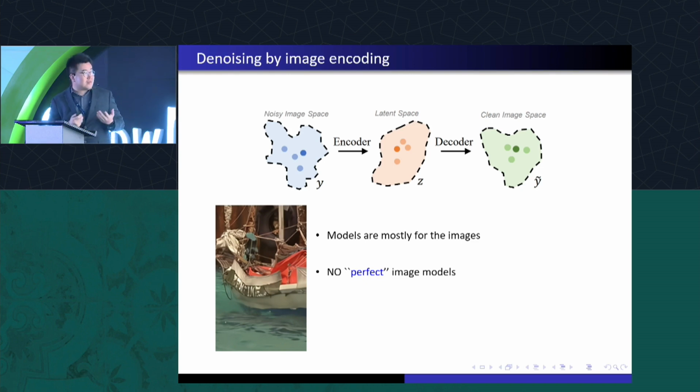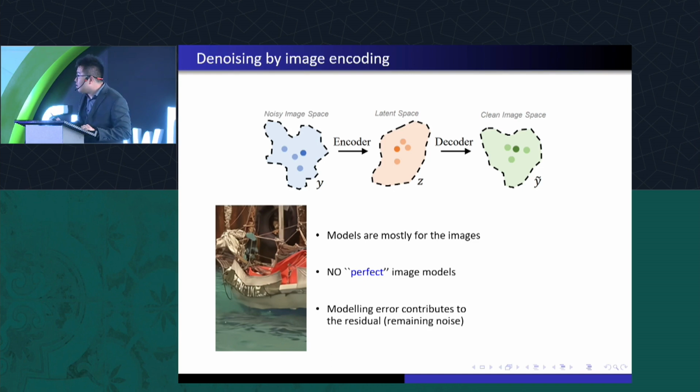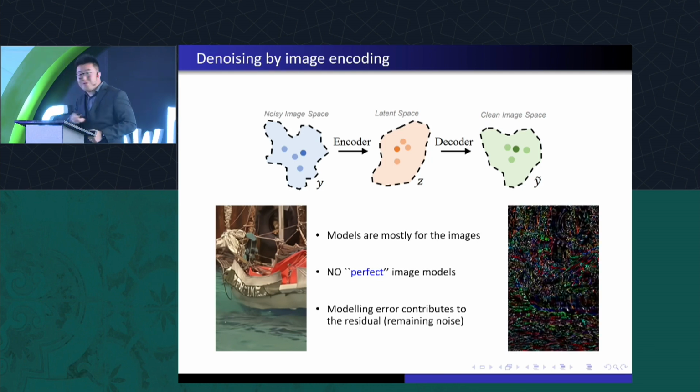Because these are not perfect models, there's always modeling error, which will contribute to reconstruction error or residuals. These are what we call remaining noise or modeling errors, and we don't want to see this kind of highly correlated residual related to the images. We try to minimize those structured patterns in the residual map.